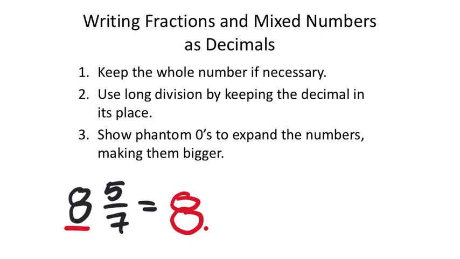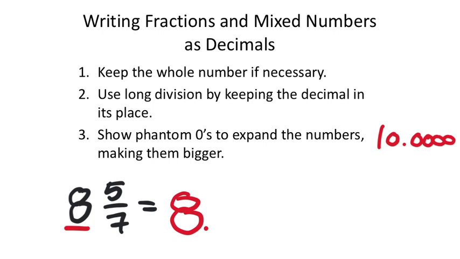And then after that, you'd do 5 divided by 7 with long division. That's our second step. Showing any phantom zeros to expand the numbers if you need to, just like we saw with 10, right? If you needed to show 10 with some phantom zeros right here, they were there the whole time, just since we didn't need them, we didn't actually show them.